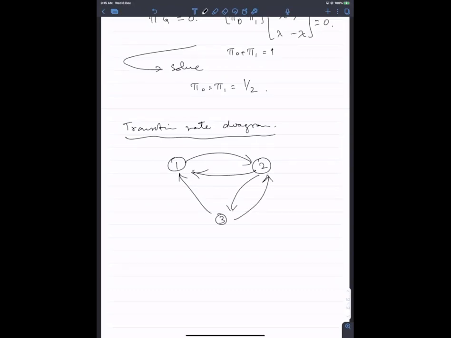But on the edges you have the probabilities of transition, ठीक है. यहाँ पर transition rate diagram में what you have is G12, यहाँ पे G21, okay, and G32, etc., etc. And these can of course be greater than 1, क्योंकि probabilities नहीं है ना, so these numbers can be greater than 1.